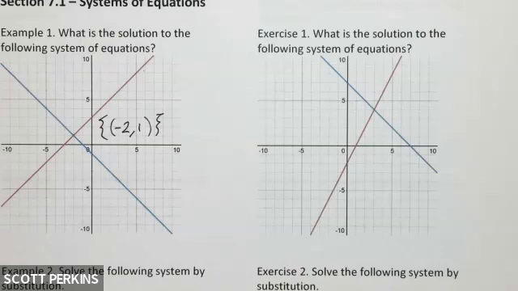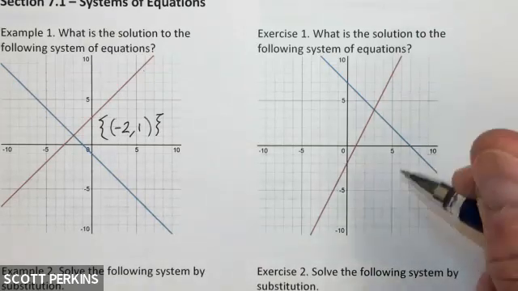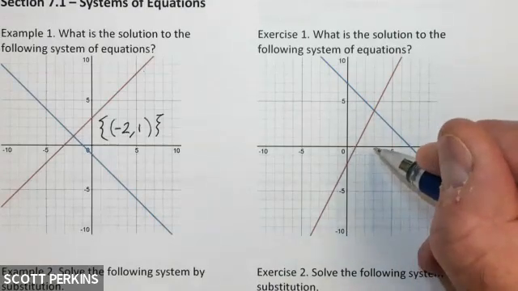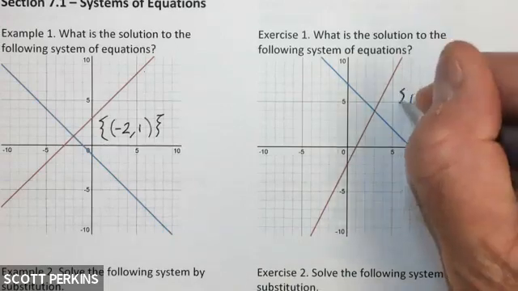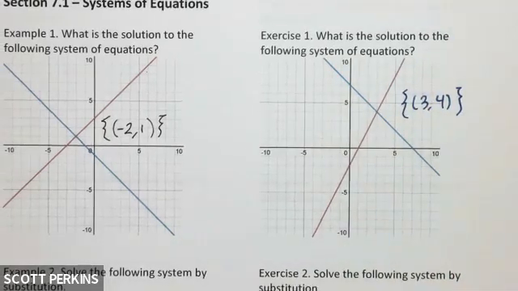What did you write down for the solution to exercise 1? 1, 2, 3 in the x direction, 1, 2, 3, 4. Again, this is nothing we haven't been doing this semester. We're just writing the answer as a point instead of writing it as the y value associated with a particular x value. So far, are we so good?